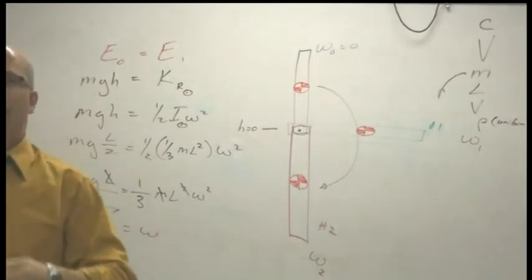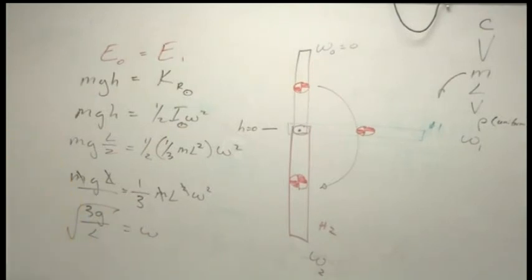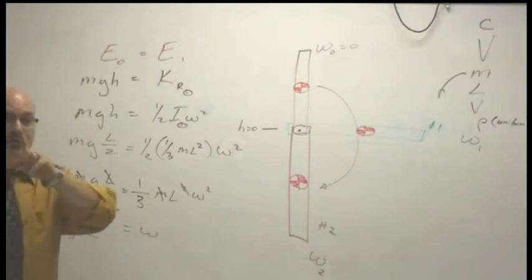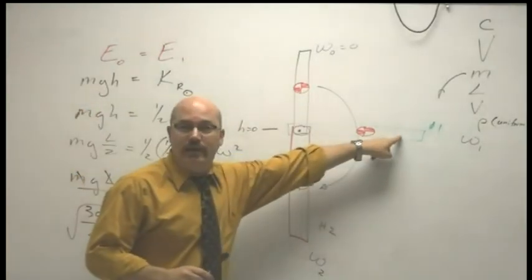Okay, Mark's brought up a really good point. Mark said yes, it would vary, because at any other point it wouldn't be at a height of 0, so there would be gravitation. But that velocity, or angular velocity, that we calculate is only good for this one point.